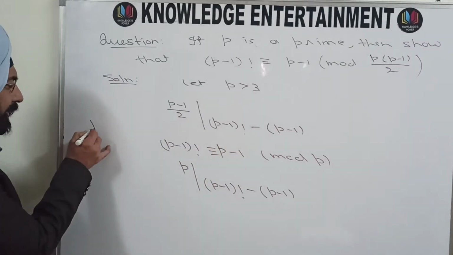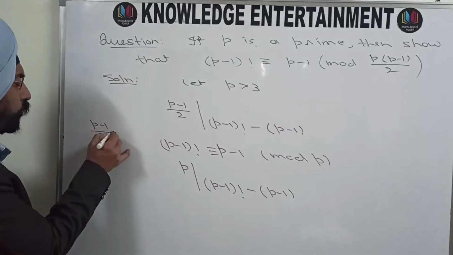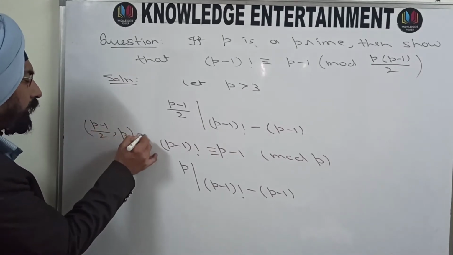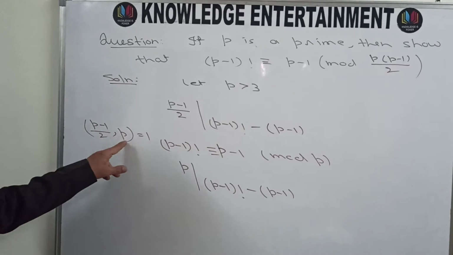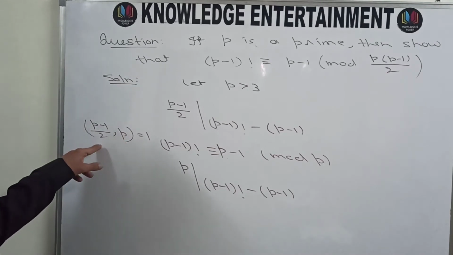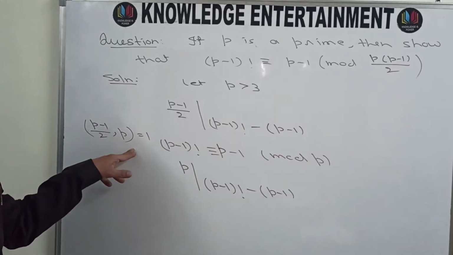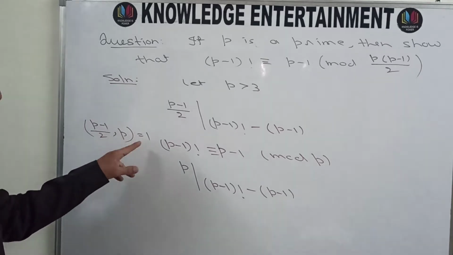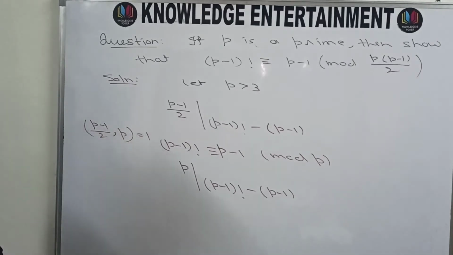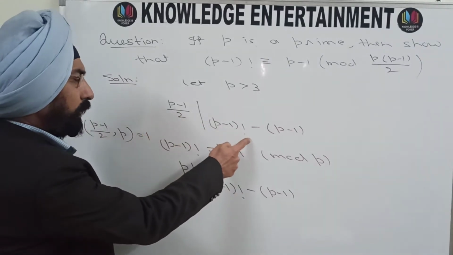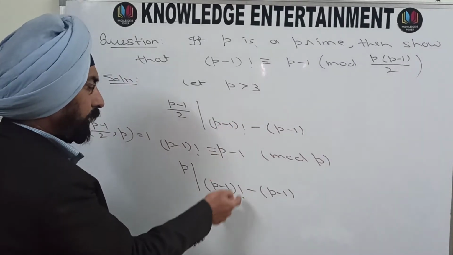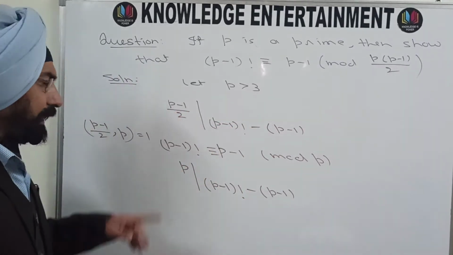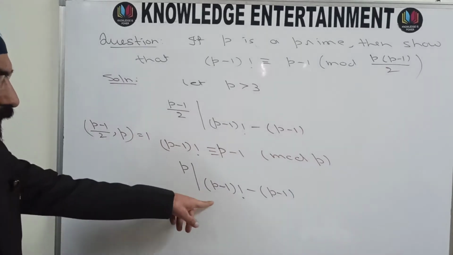Now (P minus 1) by 2 divides this quantity, P divides this quantity, and one thing to be noted is that the GCD of (P minus 1) by 2 and P is 1, because P is a prime number and no number less than P can divide P. So their GCD is 1. This quantity divides, and this quantity also divides the same quantity, and their GCD is 1. That means their product will also divide this quantity.